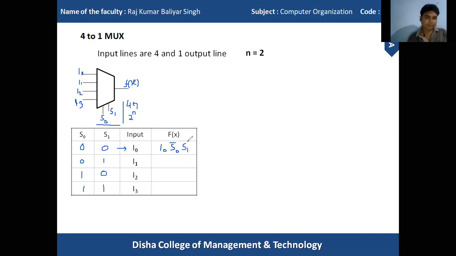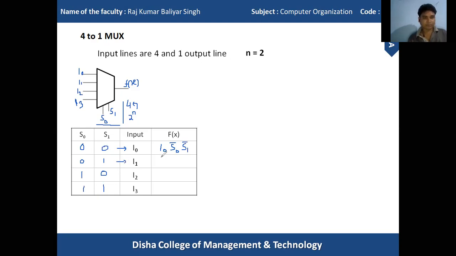Why is this? Because this part of the function can be derived from the combination of input lines as well as select lines. This is a part of the final function. It is not the function f of x, it is a part of f of x, derived by the operation of select lines and input lines. Similarly, when S0 equals 0 and S1 equals 1, let's say I1 is in active state.